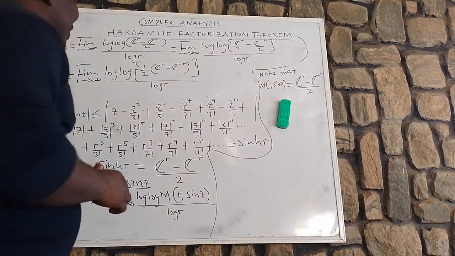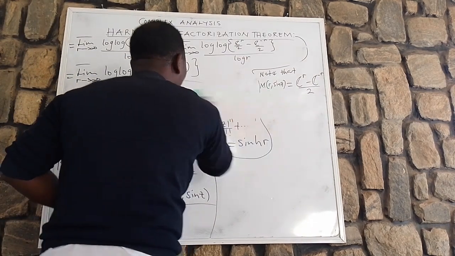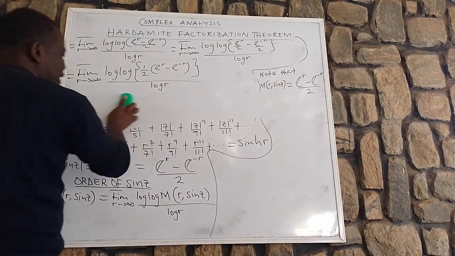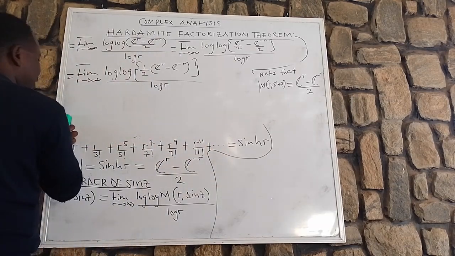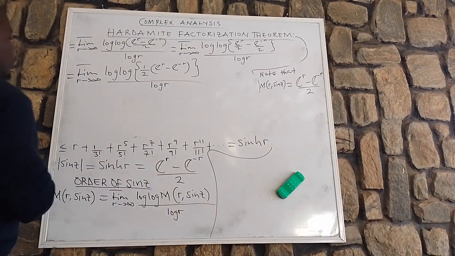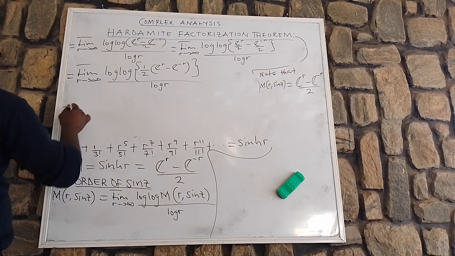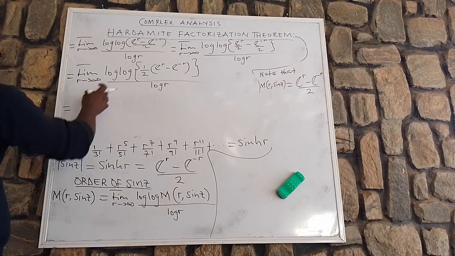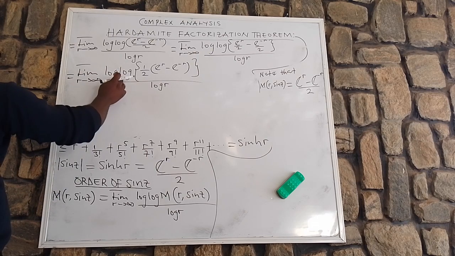Okay, so if you agree with me, it's simple as ABC. This is equal to, mind you, we have two logs here. So let us start with one.